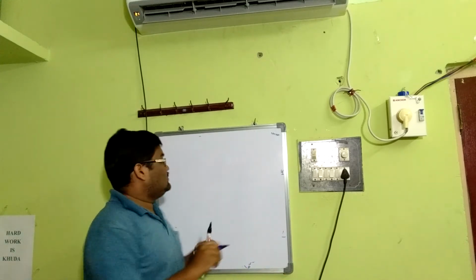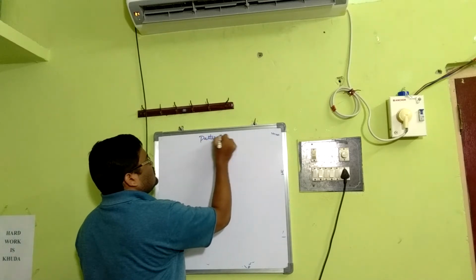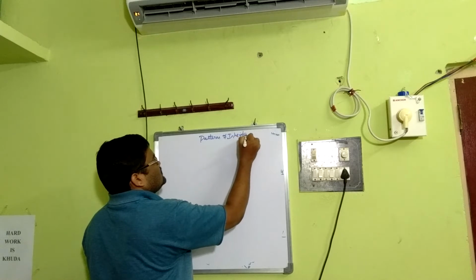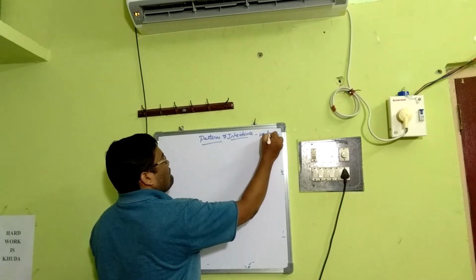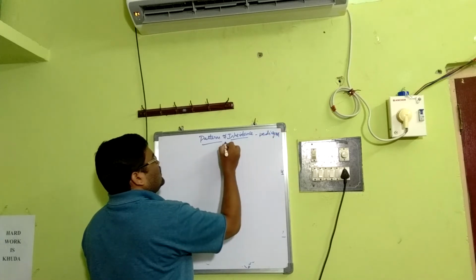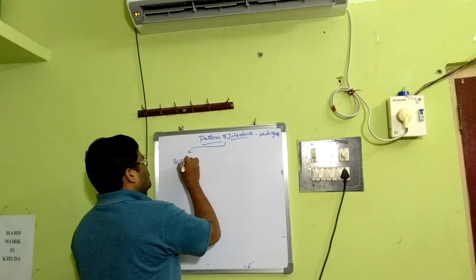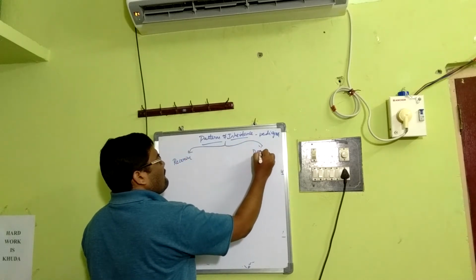Patterns of inheritance in a pedigree. Here there are two kinds of inheritance: recessive, which we have discussed, and dominant.